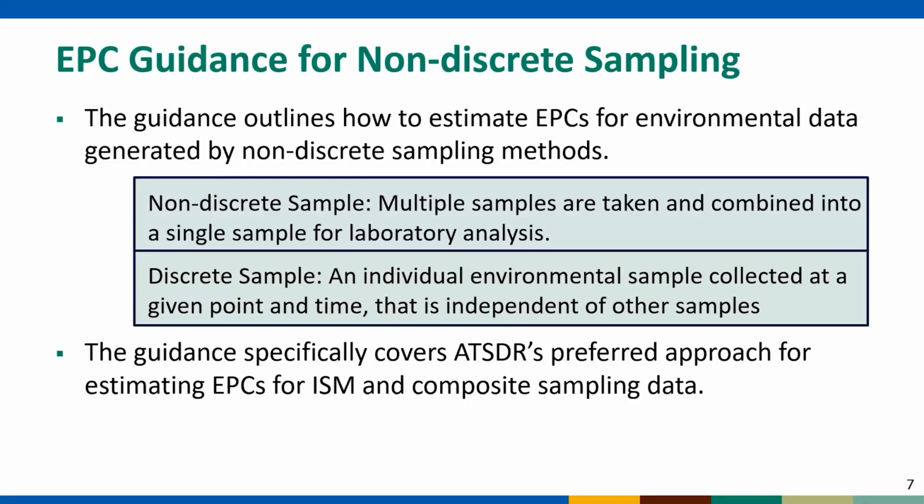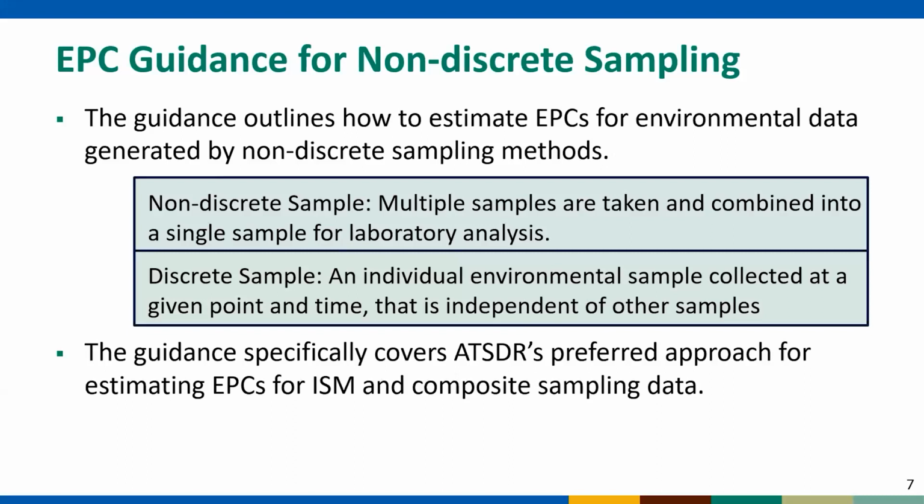The guidance we are presenting today outlines how to estimate EPCs for environmental data generated by non-discrete sampling methods. A non-discrete environmental sample is generated when multiple samples are collected in the field and combined into a single sample for laboratory analysis. This is quite different than a discrete sample, which is an individual environmental sample collected at a given point in time, independent of other samples.